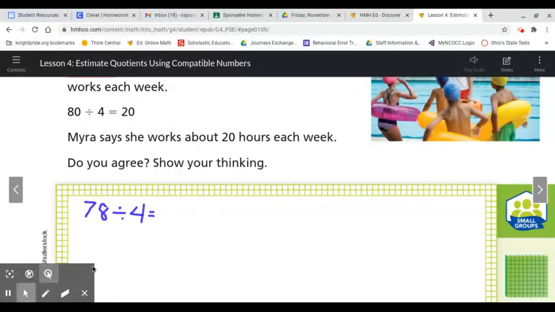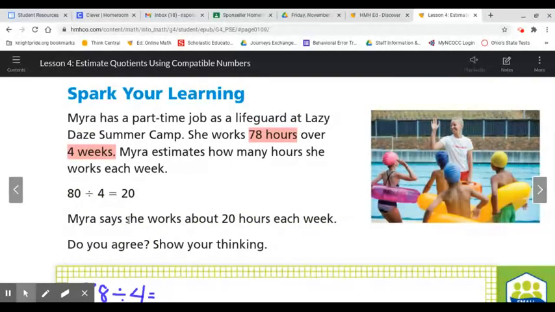Okay. But since it tells us that Myra estimates how many hours she works each week, that means we don't need an exact answer. It's kind of like saying about how many hours she works each week. She came up with about 20 hours each week.